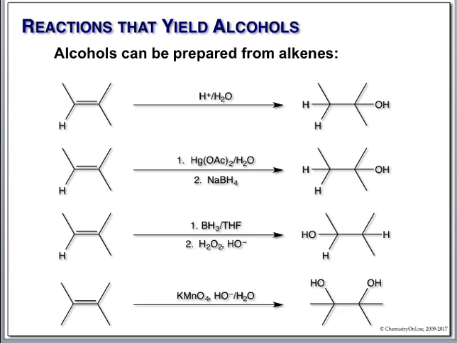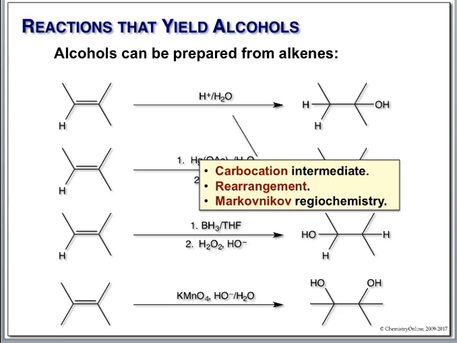We could take a simple alkene. We can hydrate it with aqueous acid. We know that this reaction involves a carbocation intermediate. Because it is a carbocation intermediate, it's going to be prone to rearrangement.